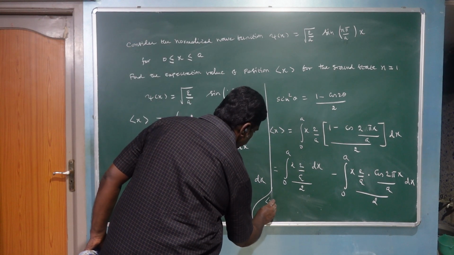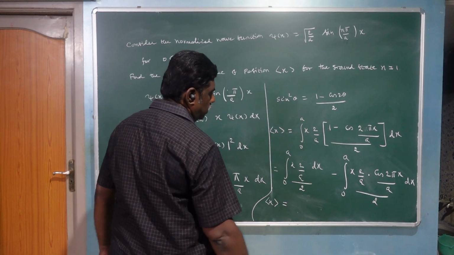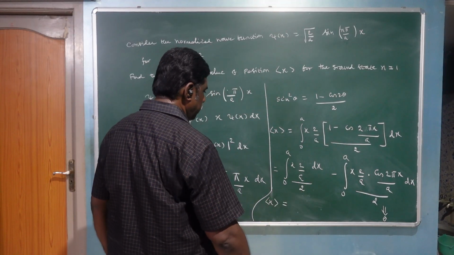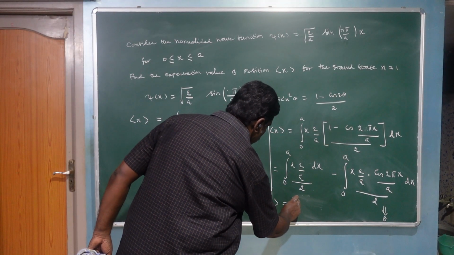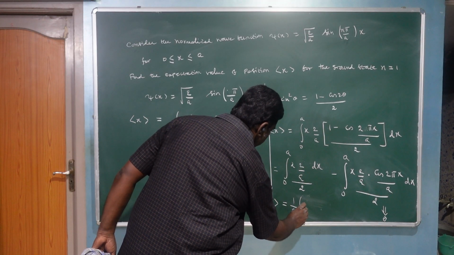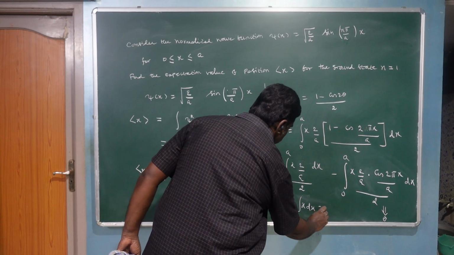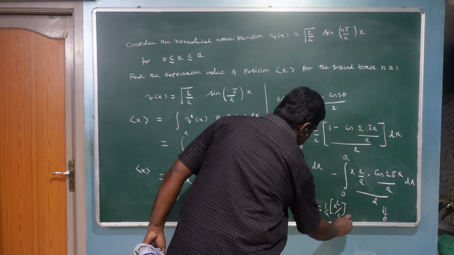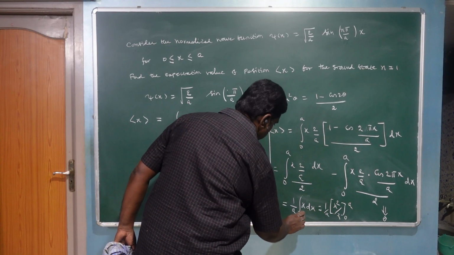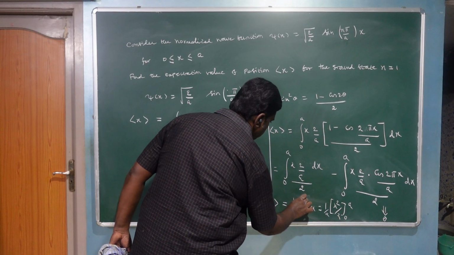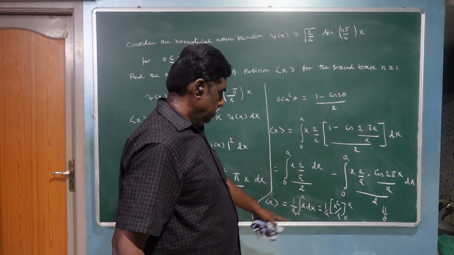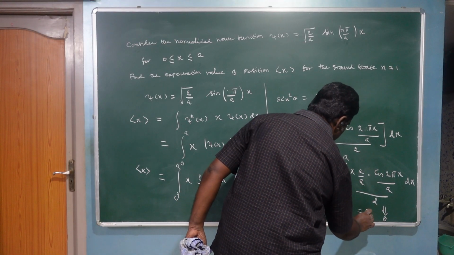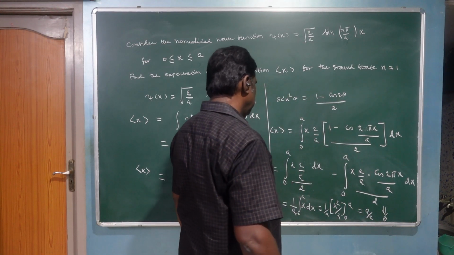Expectation of x equals, the second integral value is 0. You may prove it separately, no problem at all. Then 1 by a integral x dx equals 1 by a times x squared by 2. Now apply the limits: lower limit is 0, upper limit is a. So a squared by 2 by a, which is equal to a by 2.